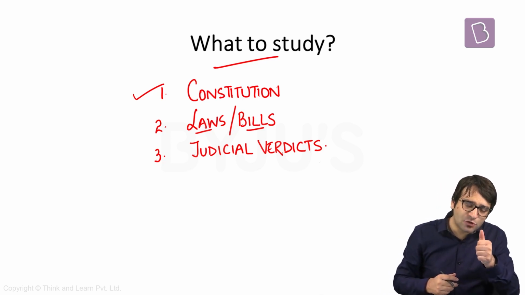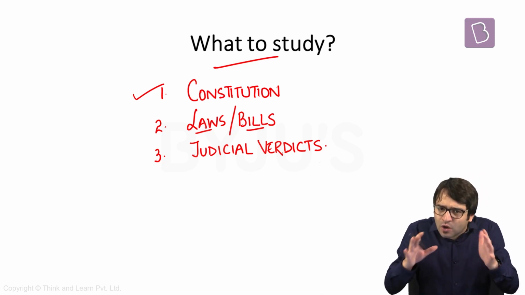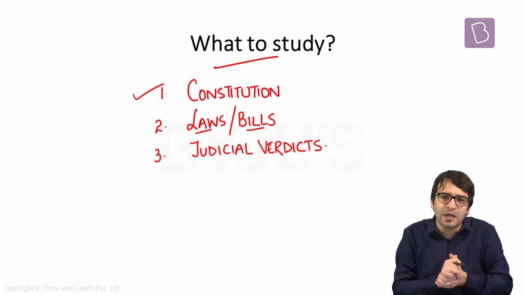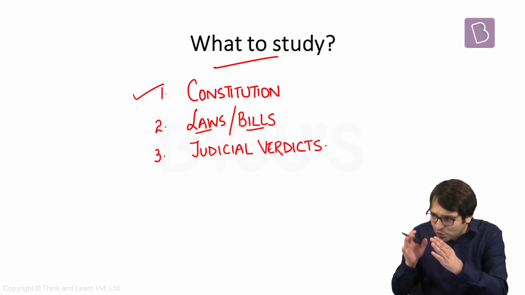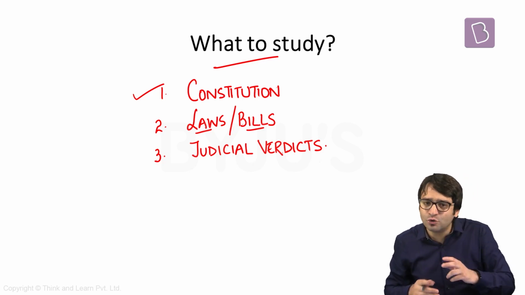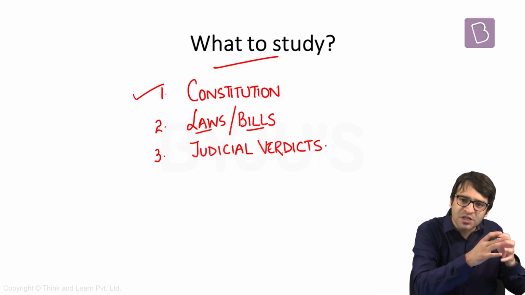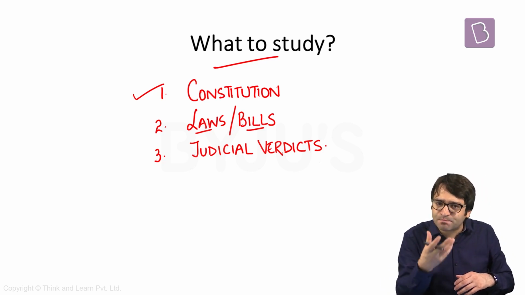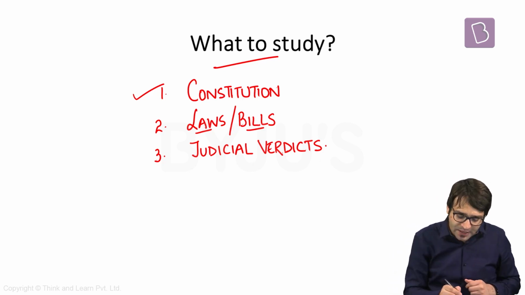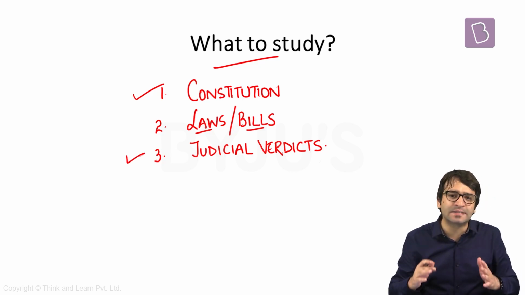So when we talk about Indian polity, what all is included for a civil services aspirant? Number one, you will have to focus on the Constitution of India. Number two, the laws passed by the parliament or the bills of far-reaching consequences pending in the parliament. And number three, important judicial verdicts.